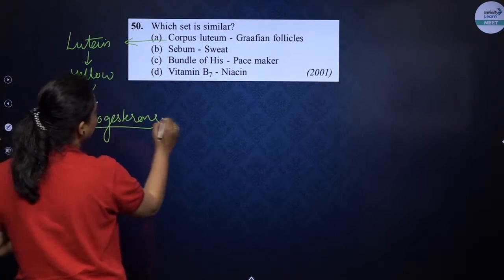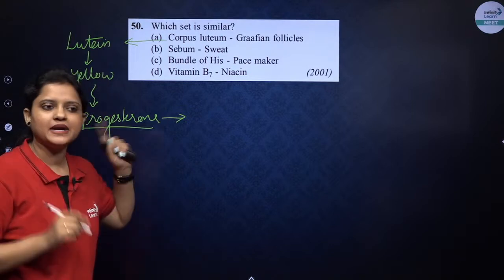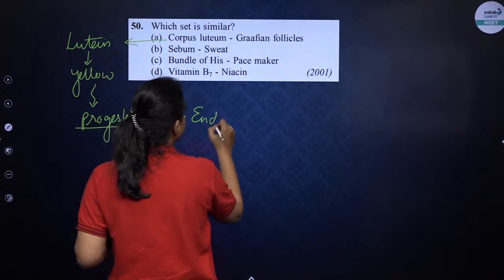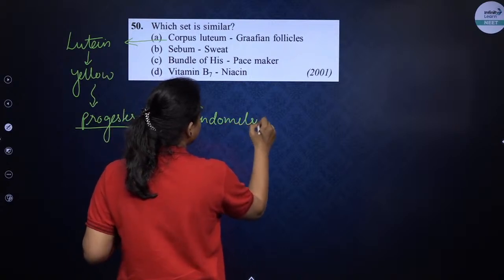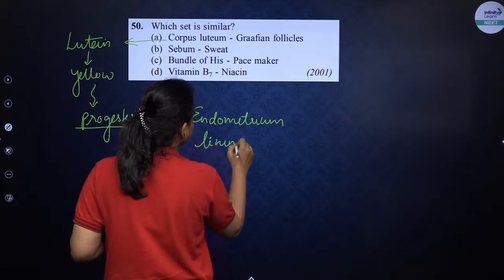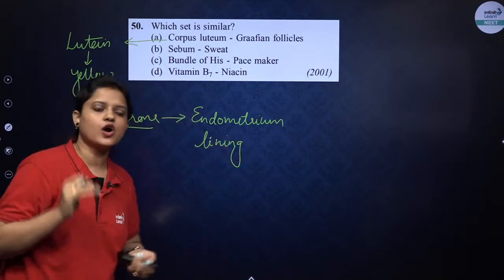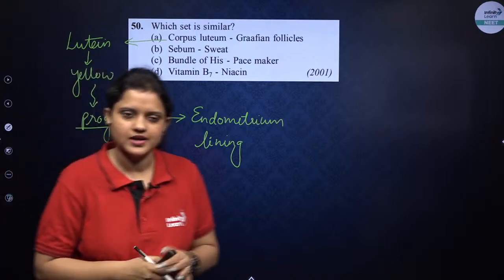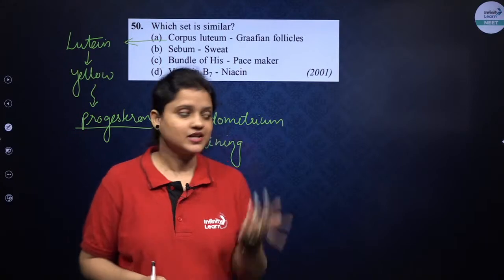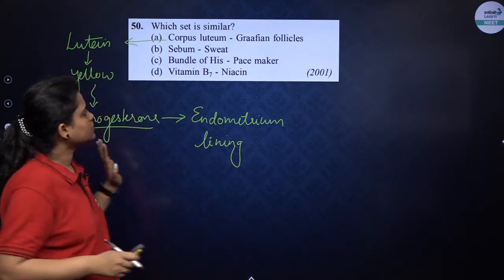Now progesterone hormone is the one that will maintain the endometrium lining, and because of decrease in the concentration of progesterone, the endometrium lining will shed, leading to menstruation, isn't it? So this was about progesterone.